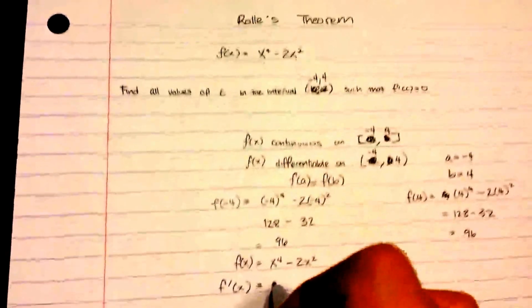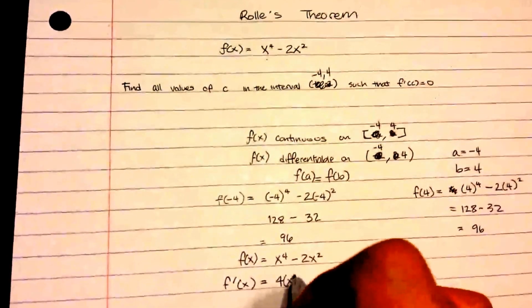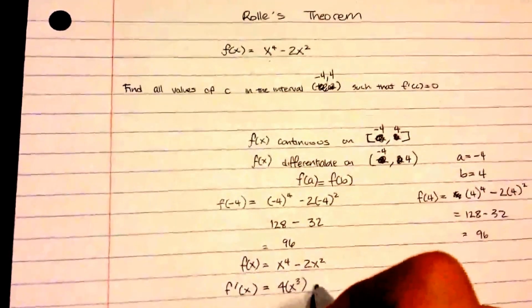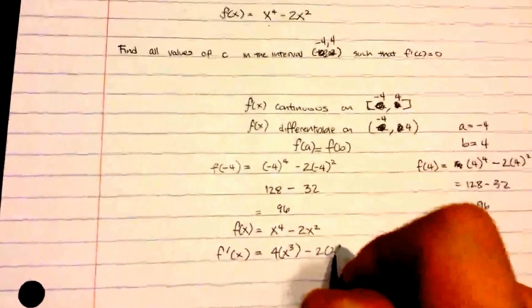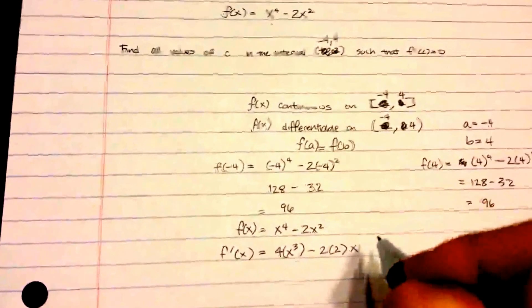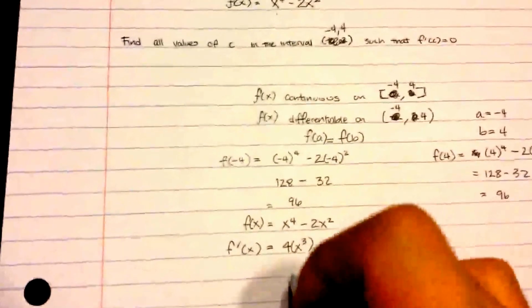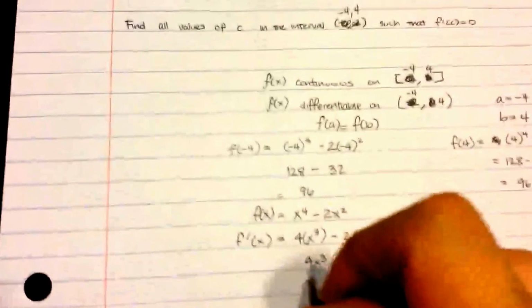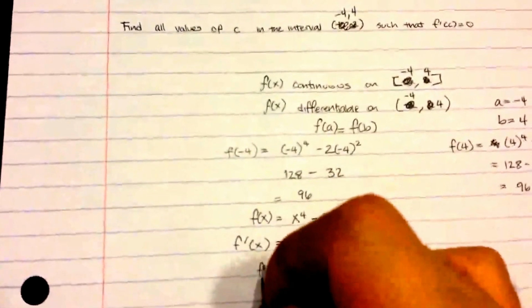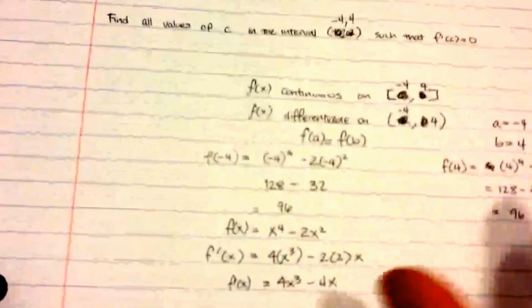For this one, we just pull out the 4, and then x to the third minus 2 times x. So that becomes 4x^3 minus 4x, which is equal to f prime of x, which is the first derivative.